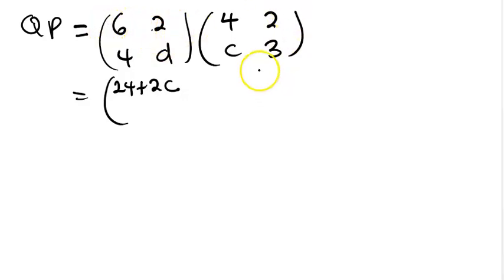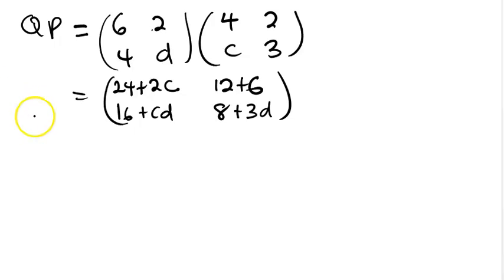Then first row, second column: 6 times 2 is 12, plus 2 times 3, which is 6. Then 4 times 4 is 16, plus D times C, so CD. Then 4 times 2, which is 8, plus D times 3, 3D.